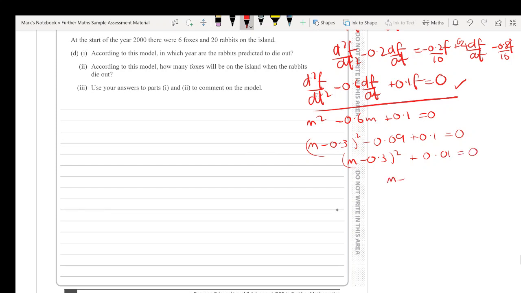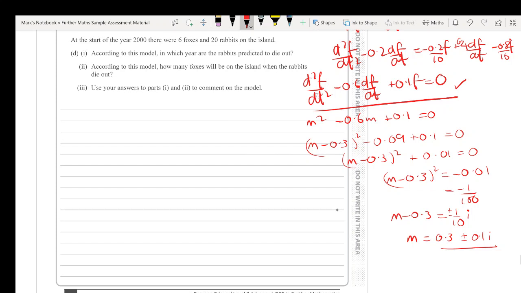Take it away, m minus 0.3 squared is minus 0.01, which is the same as minus 1 over 100. And then we do the square root of that, so m minus 0.3 is the square root of that, which is plus or minus 1 over 10 i, and then we add 0.3, so it's going to be 0.3 plus or minus 0.1i.